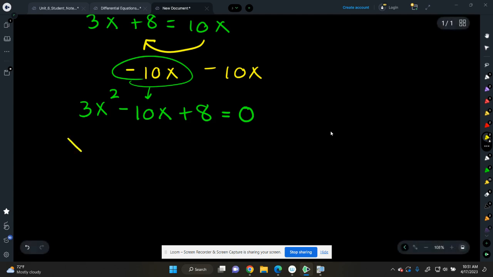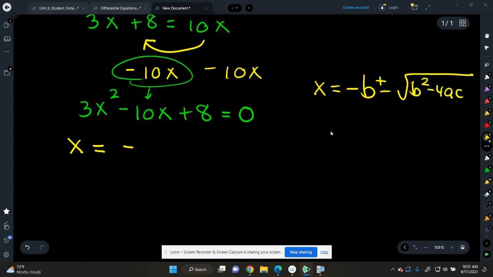Okay, so we've got x equals negative b. Well, what's b? Look this way, guys. What's b? Negative 10. So it's negative b, right? x equals negative b plus or minus the square root of b squared minus 4ac all over 2a. So it's negative 10. Now what happens when we have the two negatives?